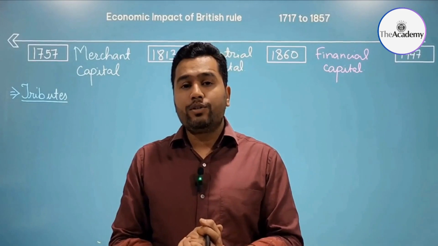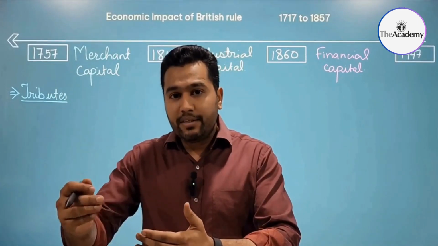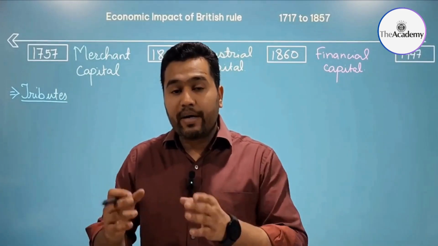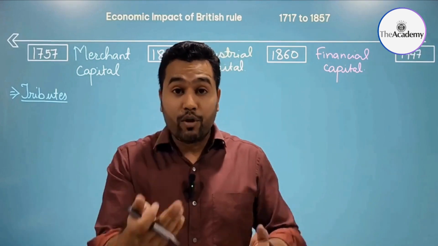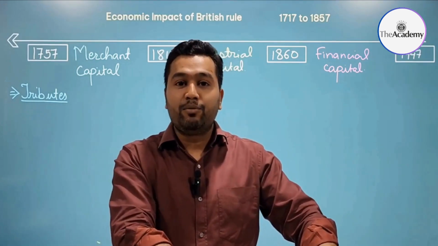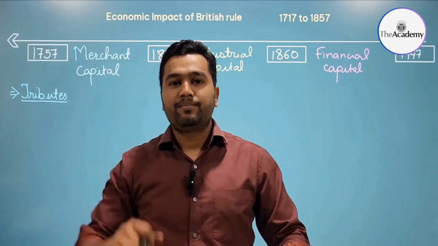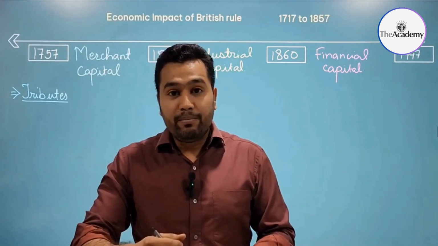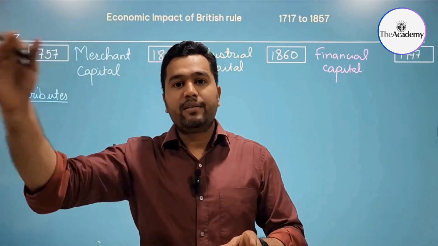When the Britishers demanded tributes from the Nawab of Bengal, this tribute was not spent in India, but was taken back to England. So this led to drain of wealth.